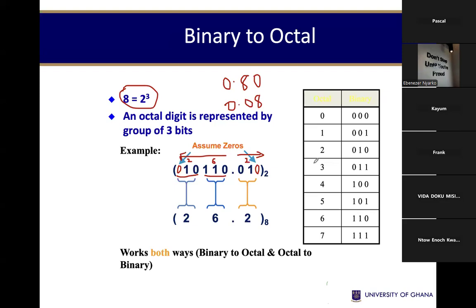Hello, sir. Please, about the octal example. When you look at the table, the one you do is 0, 0, 1, 1, 0, 1, 0. Can you choose the number 1 in the table, to make it 001?